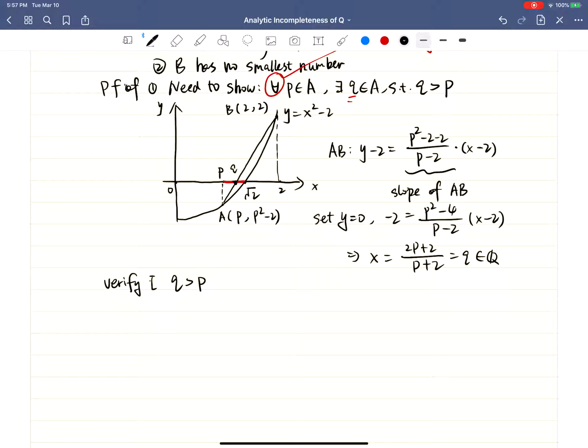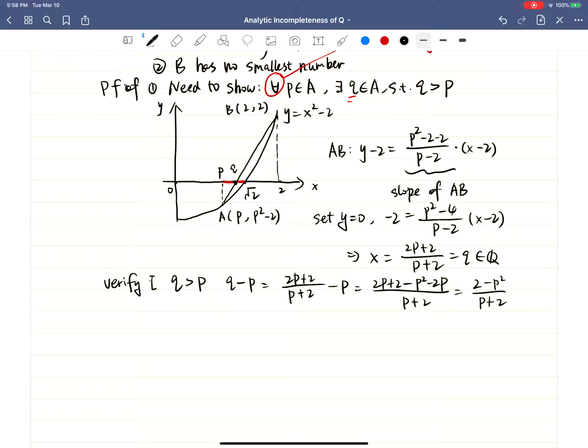So to do that, let's calculate Q minus P, which is (2p plus 2) over (p plus 2) minus p. And that is (2p plus 2 minus p squared minus 2p) over (p plus 2), which is (2 minus p squared) over (p plus 2).